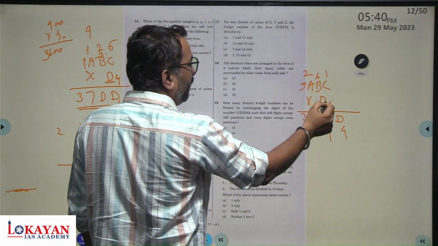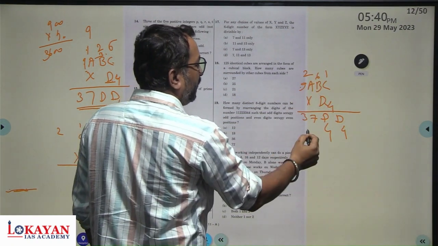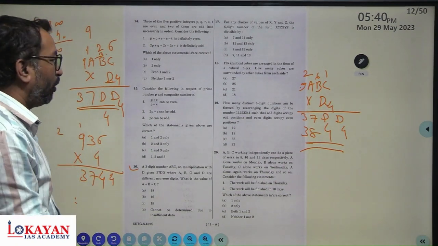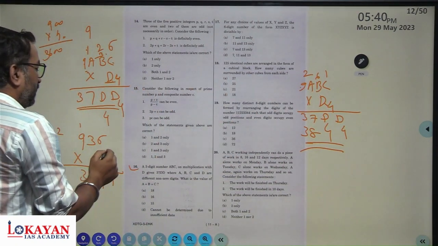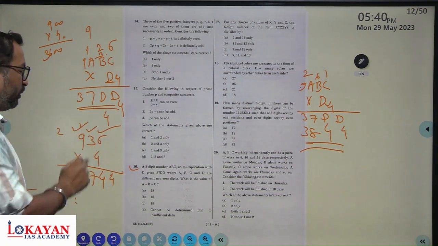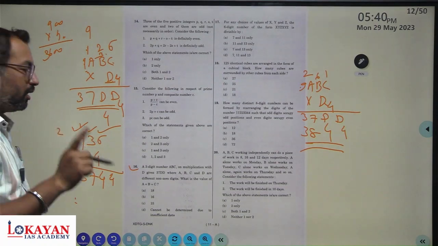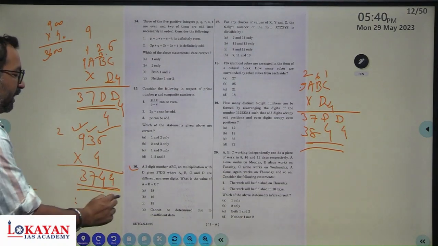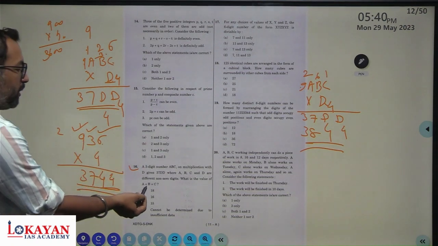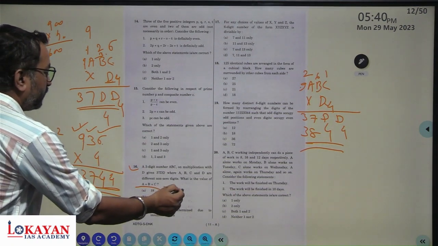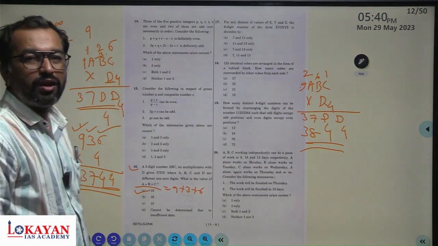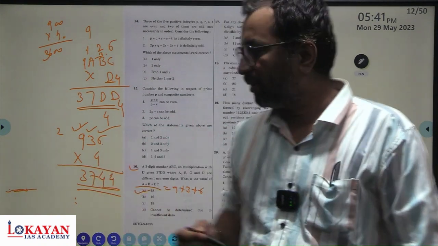When I put A as 9, 4 9s are 36, it became 3844. So our calculation became wrong. That's why C must be 6, B must be 3, and A must be 9. So that number is 936 into 4. It gives me the desired answer. So ABC became 936. They have asked us A plus B plus C. So 9 plus 3 plus 6 gives us 18. Option A, 18, will be the answer.